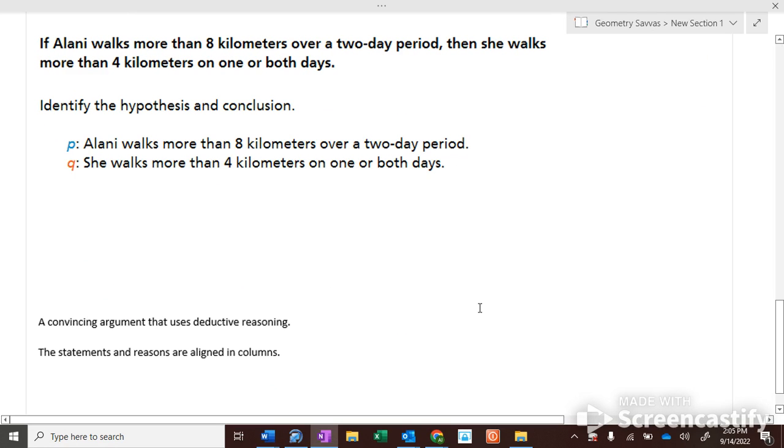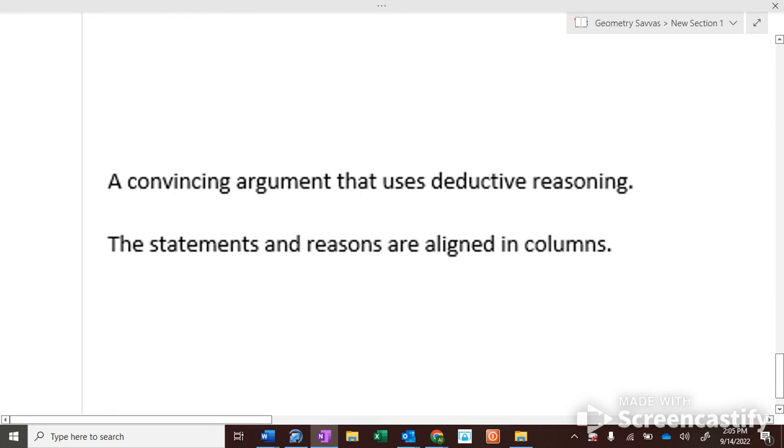Boom. A convincing argument that uses deductive reasoning is a proof. And then a 2-column proof. Statements and reasons are aligned in columns.